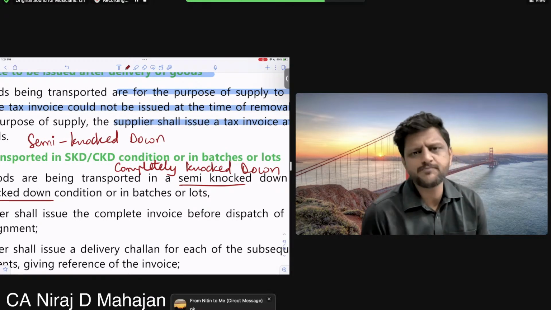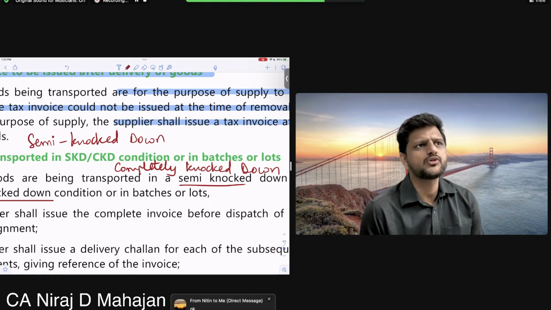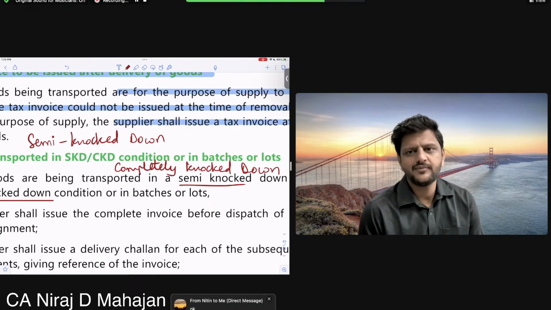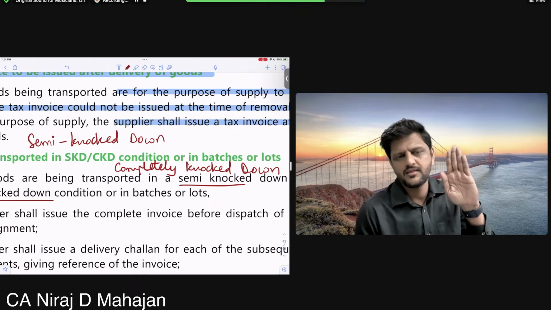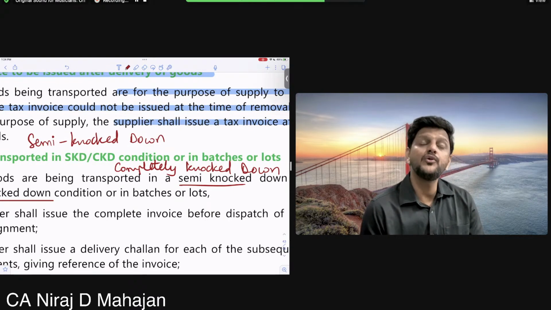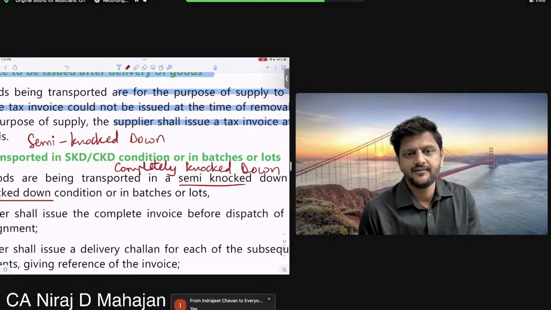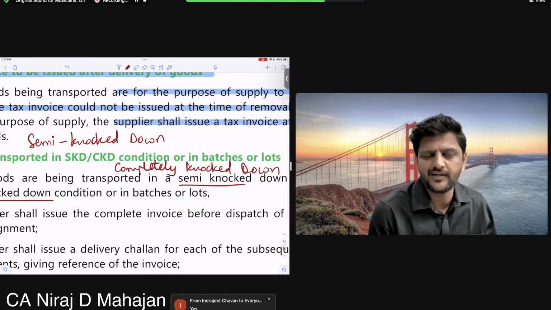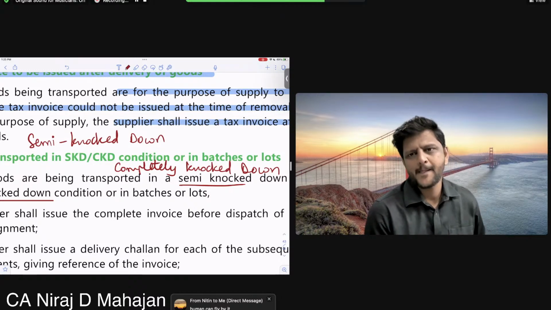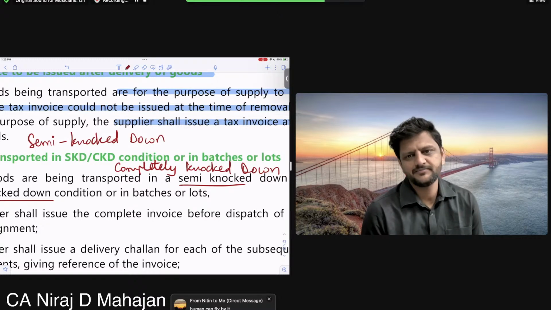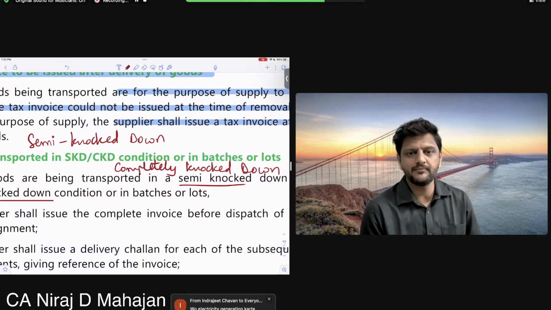So here, what can happen is you are dispatching goods maybe in lots. Let us say, have you seen that turbine? I think I discussed this example, I don't remember. Turbines, fans. Those big fans. Look at them from a distance of kilometers, still they look big. Go nearby that turbine, windmill, whatever it is, you will see how actually big it is. Must be around 40 or 50 feet minimum.